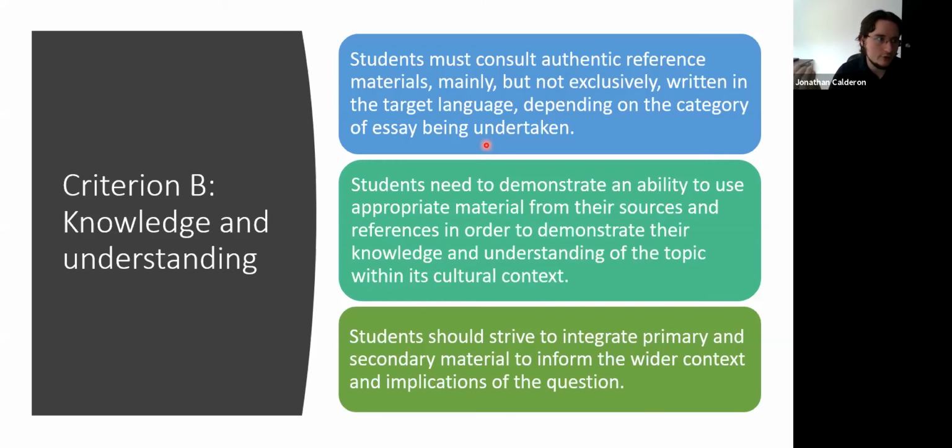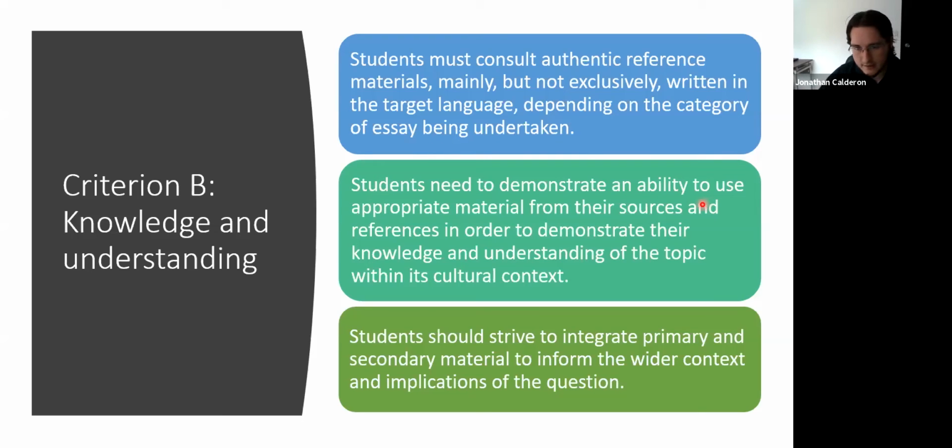Because it's one of the definitions they're going to use to analyze or to produce their extended essay, okay? Now, of course, if it is category 2 and they're going to be using a cultural artifact, well, yes, this must be originally in English, okay?